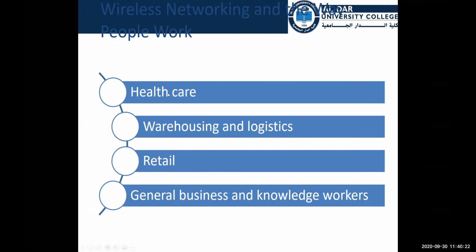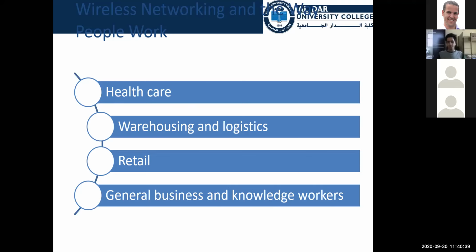For example, before wireless network, the data of the patient was written on the bed tail or something at the beginning. Whenever the doctor came to the room, he could see that handwritten thing.